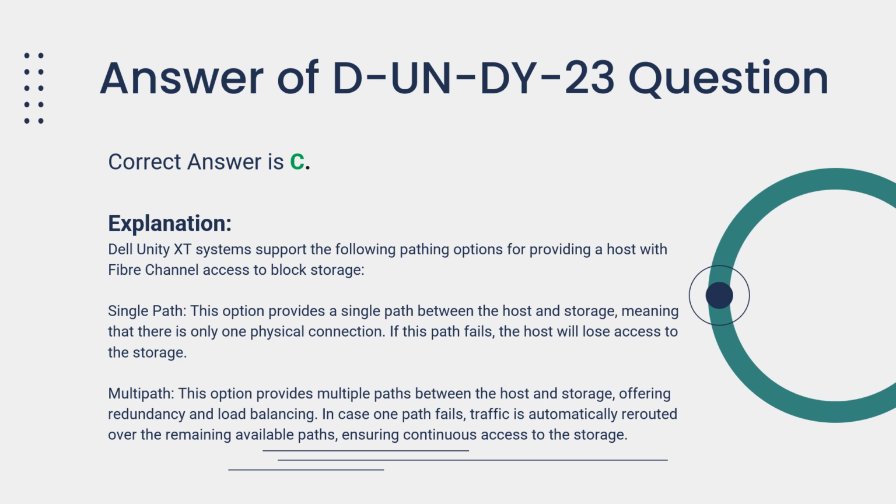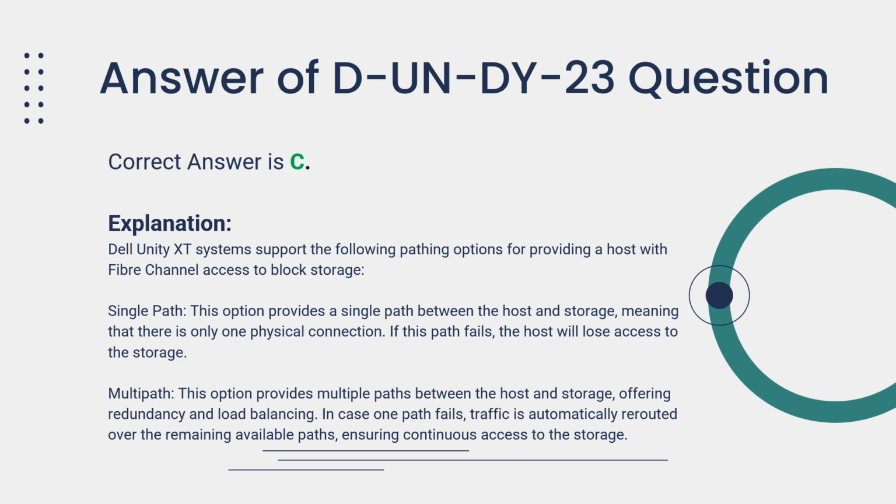Explanation. Dell Unity XT systems support the following pathing options for providing a host with fiber channel access to block storage. Single path. This option provides a single path between the host and storage, meaning that there is only one physical connection.